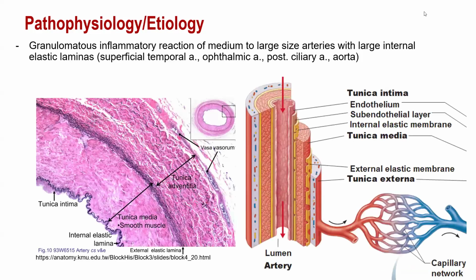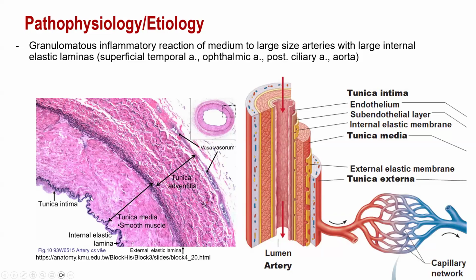So if we look at here's some diagrams of what a temporal artery or a similar artery might look like. If you look at the histopathological staining, on the outer side of the artery there's the vasa vasorum, the tunica adventitia, you have the external elastic lamina, you have the muscular layer, the tunica media, and then the area of interest is right here, between the tunica media and the tunica intima, which is the internal elastic lamina.